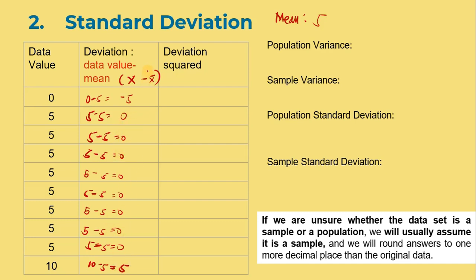So what they do is square the deviations. So the deviation would be negative 5, you square it. The 0, you square it, 0 squared.